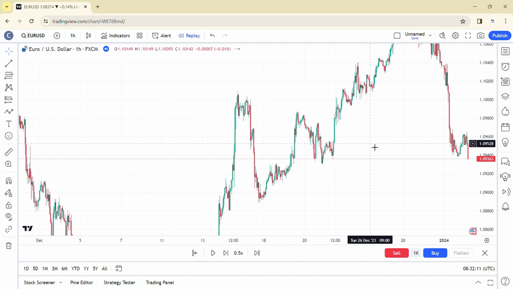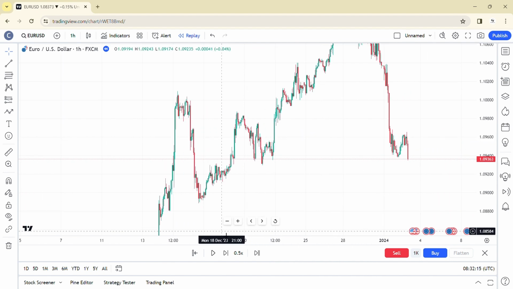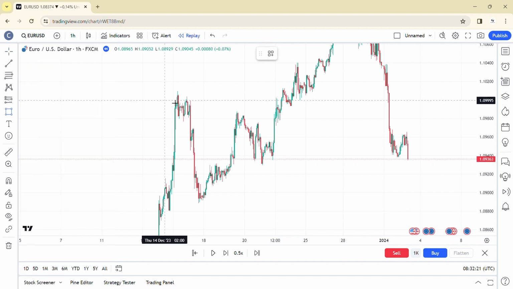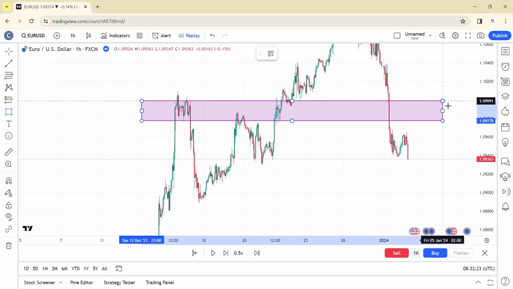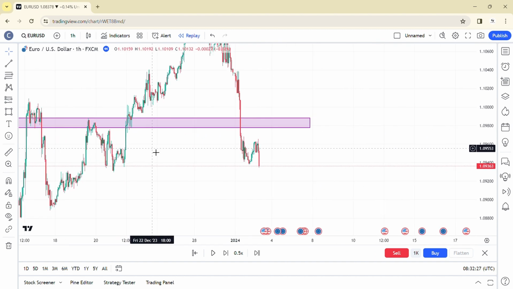Okay, so we have another break and retest over here. So we have, okay, hold on, we have this zone over here. Can you guys see that? It was a resistance, now it turned into a support over there.